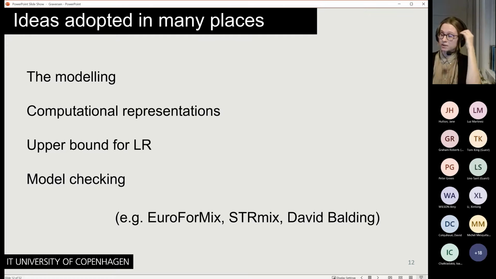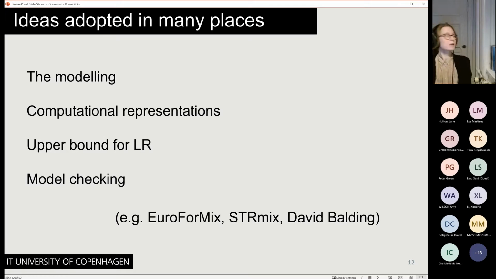So I thought that was actually rather cool. I know that StarMix, which is also a worldwide used software, also by one of the forensic science providers in the UK, I know that they use some of these computational representations. At least they told me in person. All right.